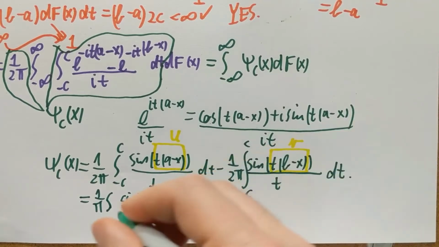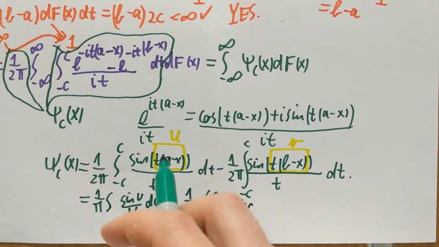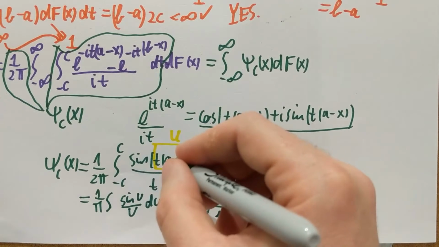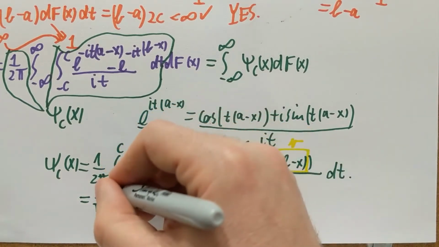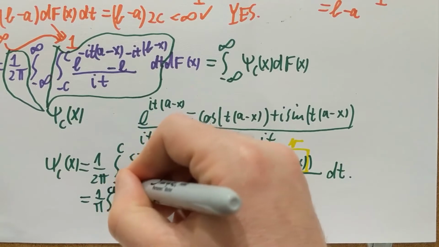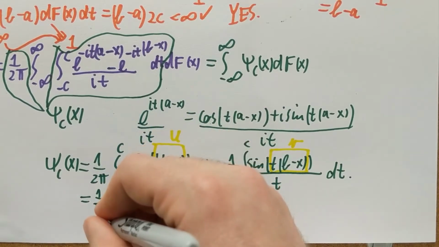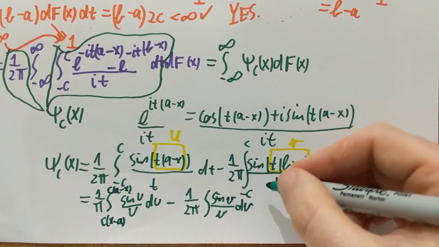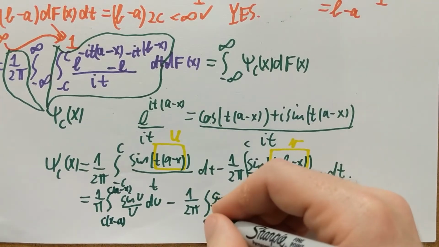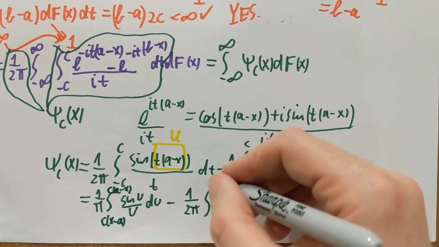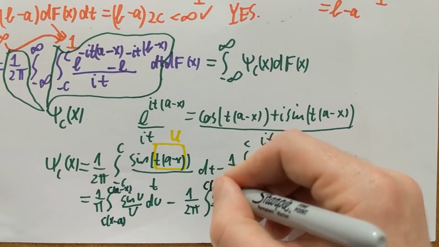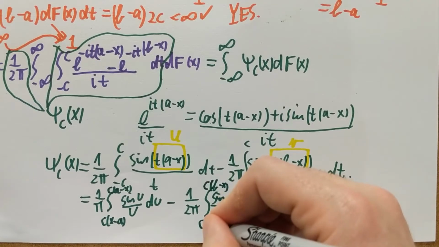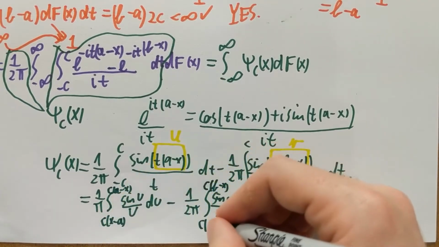But then I have to be a bit careful with the integration boundaries. So if t was c, then u is going to be c times a minus x, and here c times x minus a. And on the other side it's going to be c times b minus x and minus c times, well, c times x minus b.